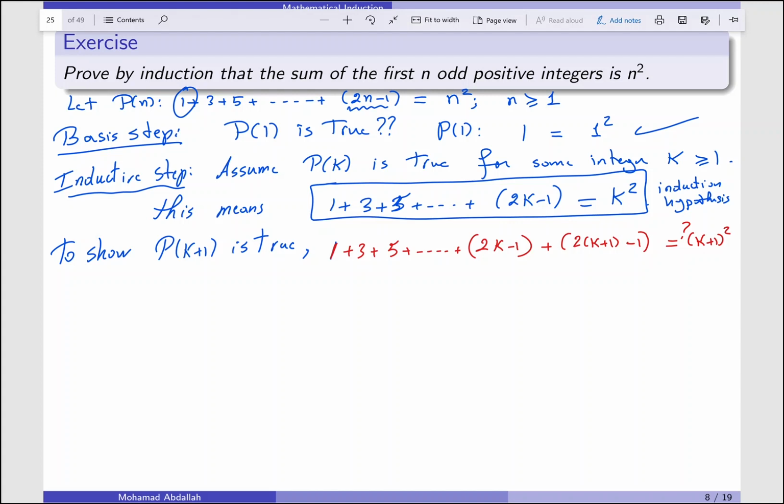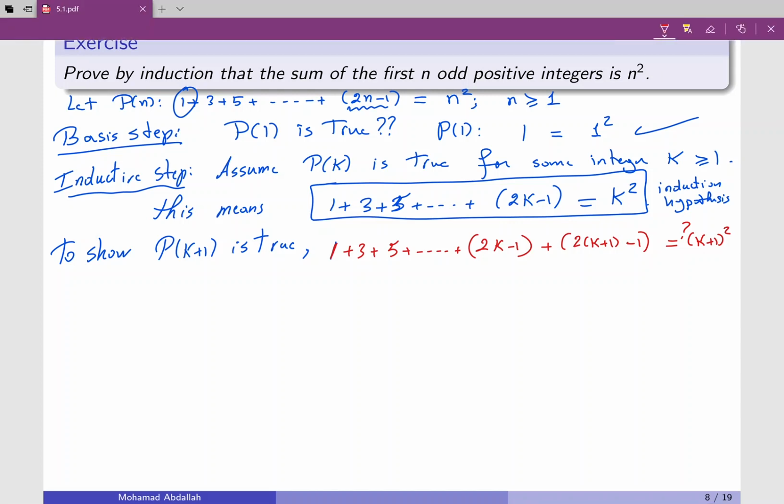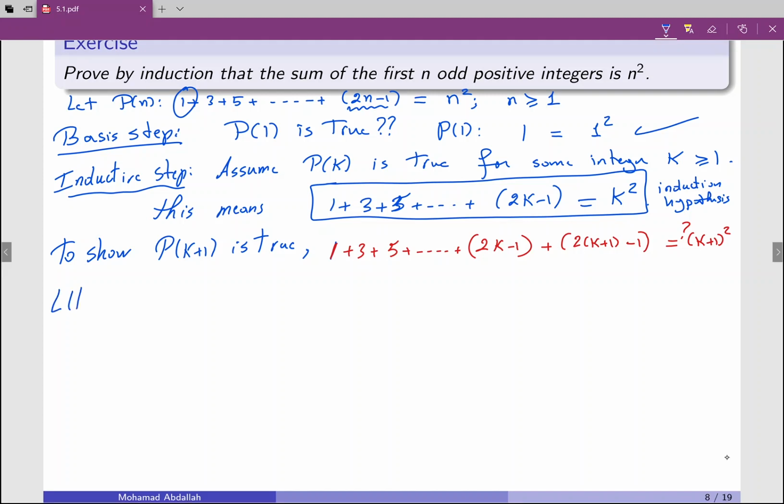Now, when you want to show an identity or you want to show that two things are equal, usually you start from the side that looks much more complicated. And certainly the left-hand side is more complicated here. So starting from the left-hand side, this is equal to 1 plus 3 plus 5, etc., 2k minus 1, and you stop here, 2 times k plus 1 minus 1.